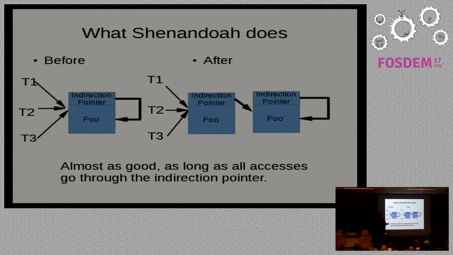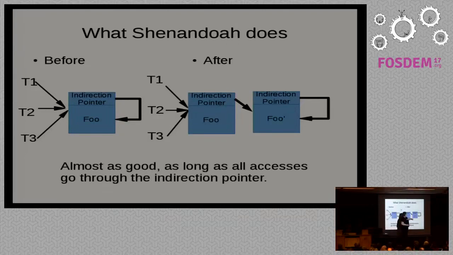So the secret sauce in Shenandoah, which isn't really secret sauce, is that we've added an indirection pointer to every object. Now this is the scariest part about Shenandoah. I was afraid that we weren't going to get accepted because this pointer increases the size of every object. But the power it gives you is worth it, right? Because you have these two threads that are pointing to foo.